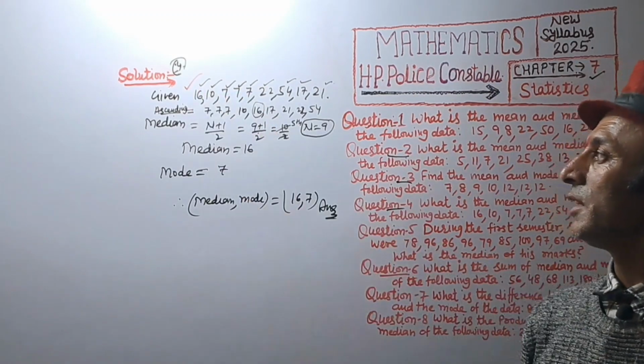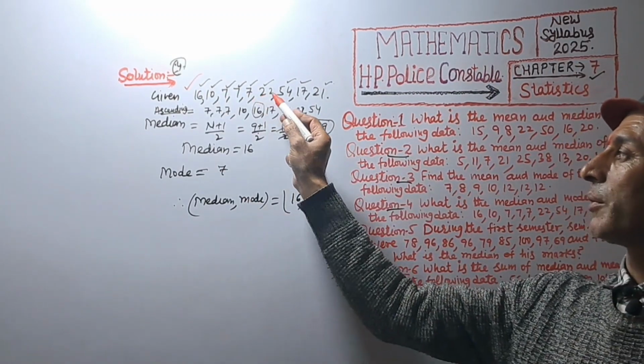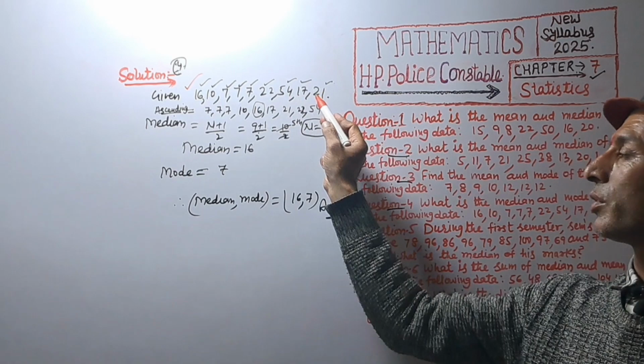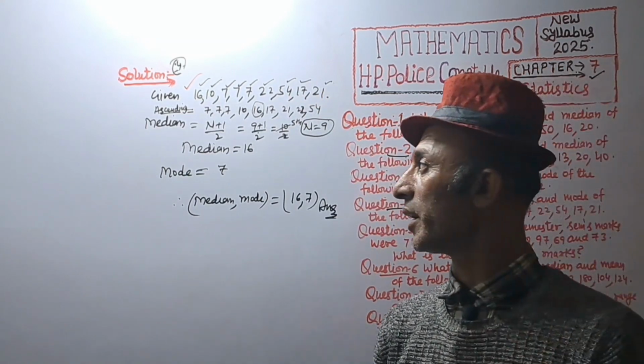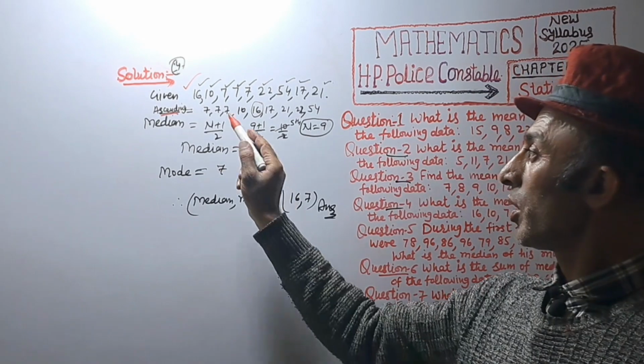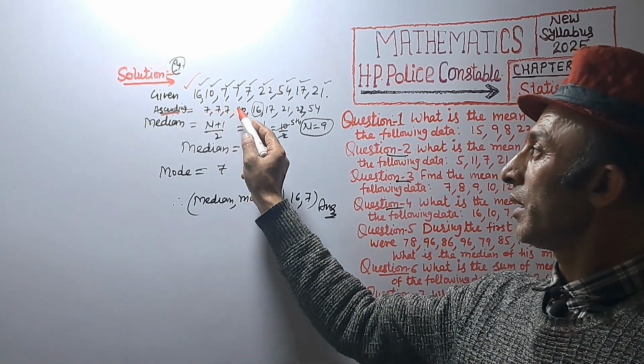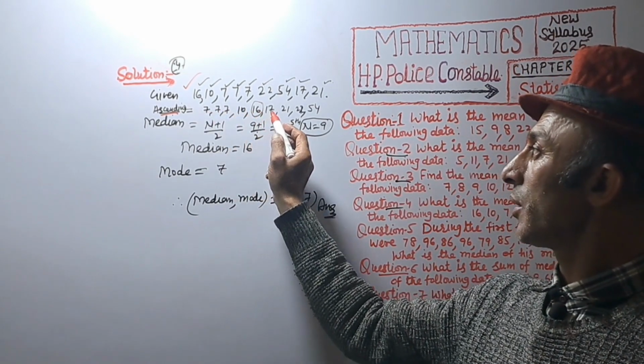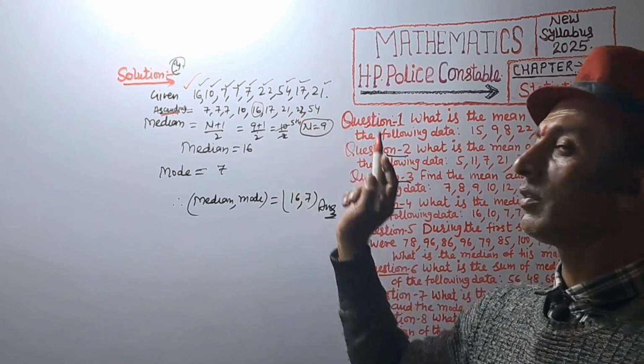Given data is 16, 10, 7, 7, 7, 22, 54, 17 and 21. First of all, we are arranging in ascending. Smallest number 7, 7, 7, then 10, 16, 17, 21, 22 and 54.